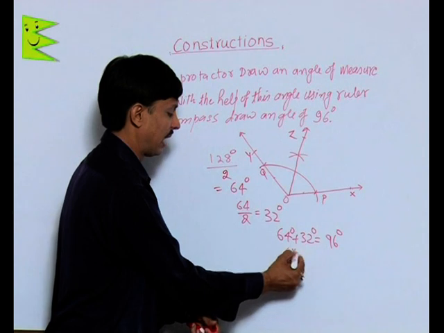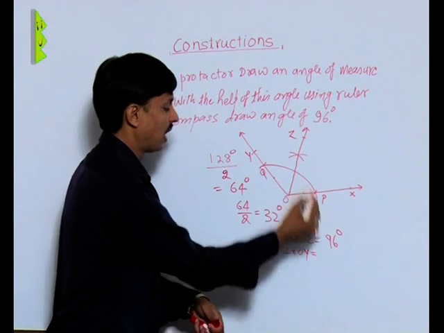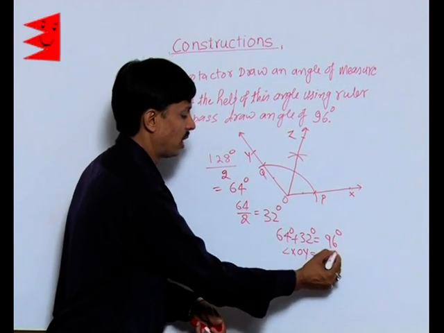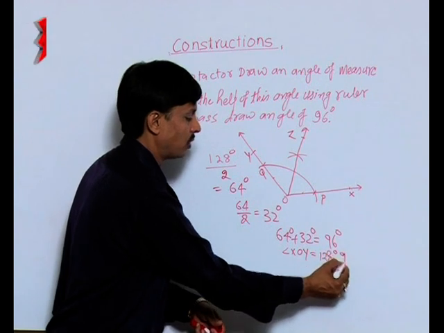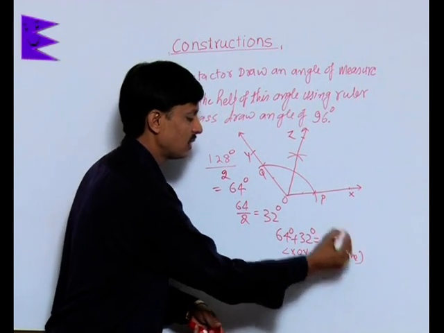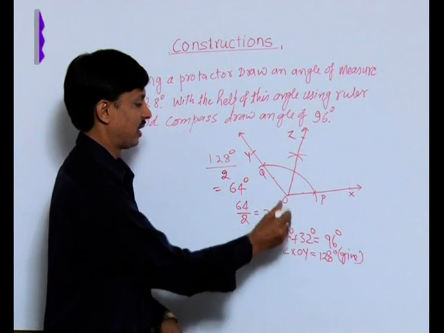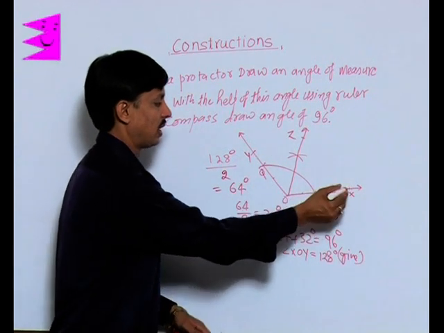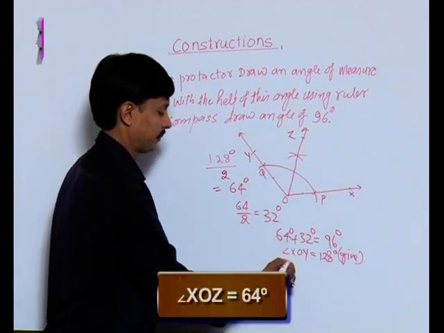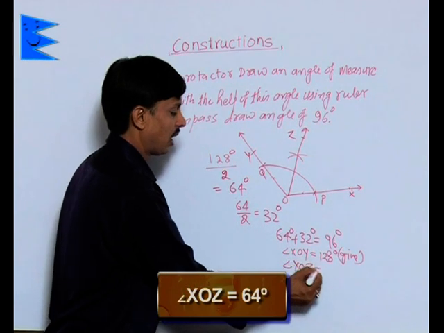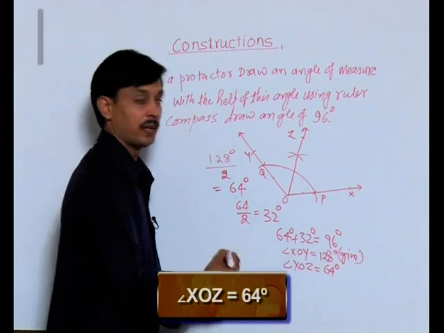What is angle XOY? Angle XOY is 128 degrees. This is given. As I have drawn the bisector, what can you say? Angle XOZ is 64 degrees.